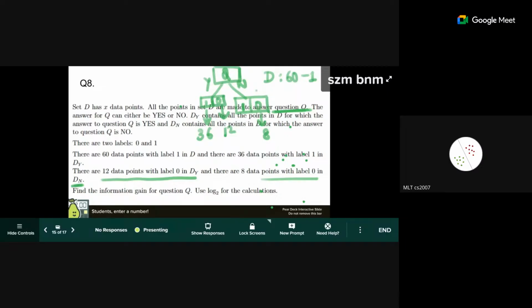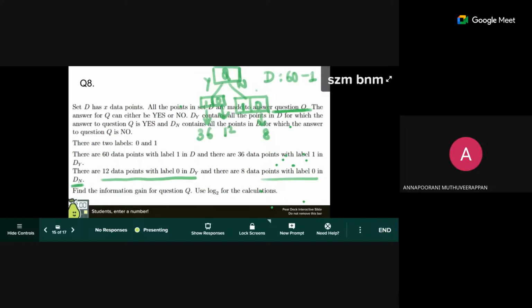So just by giving this information, can you tell me how many data points have label 0 in D? 40? Are you sure? It is not the percentage.